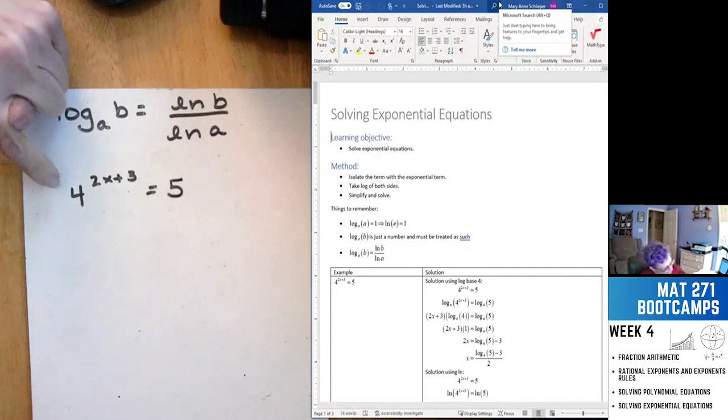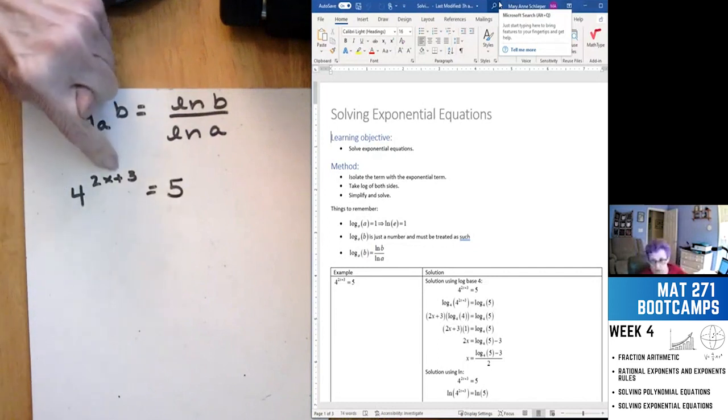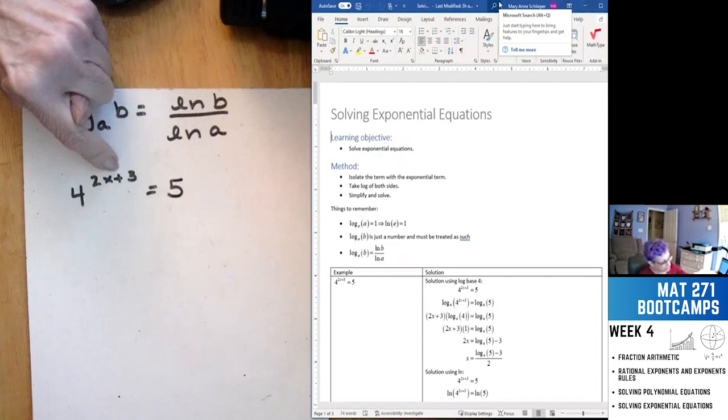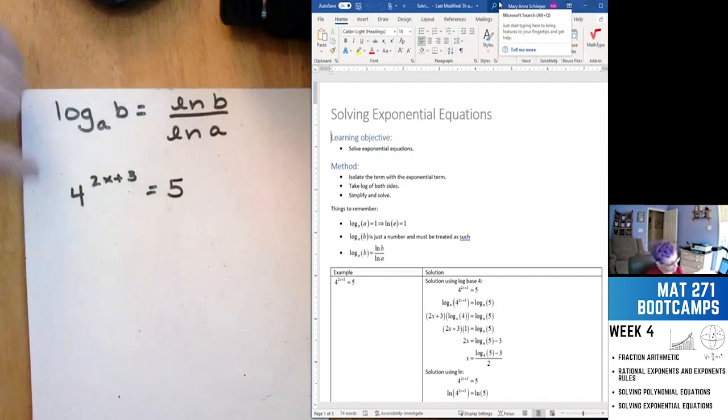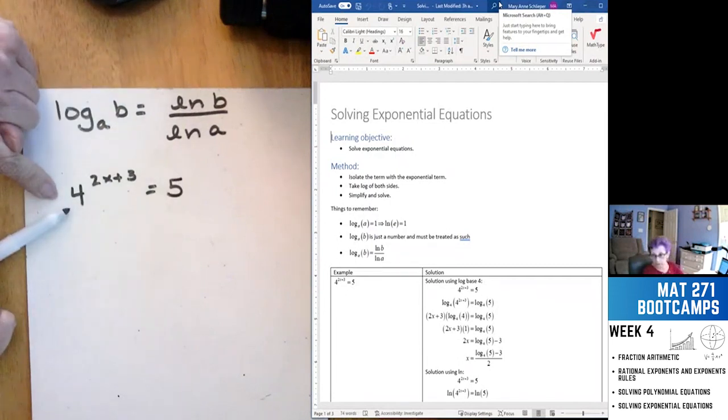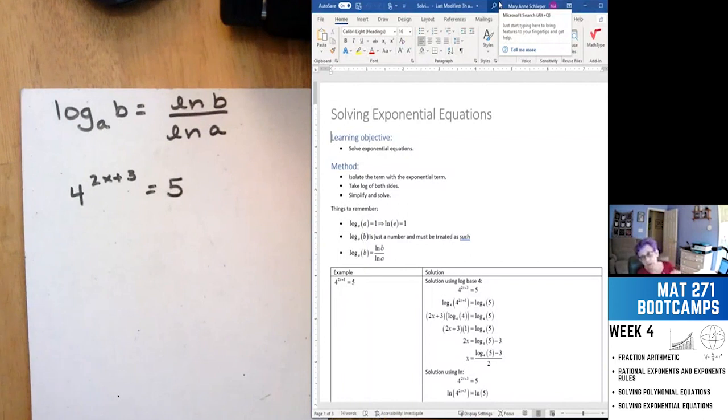Anytime you have a number raised to a function, you can solve it by using log base whatever that number is, or you can solve it using natural logs. You can always solve everything using natural logs if you want to.